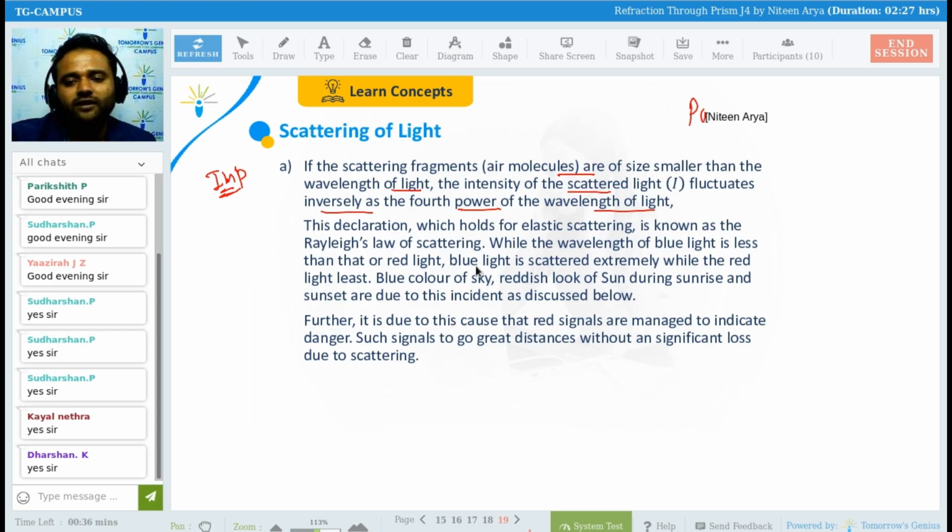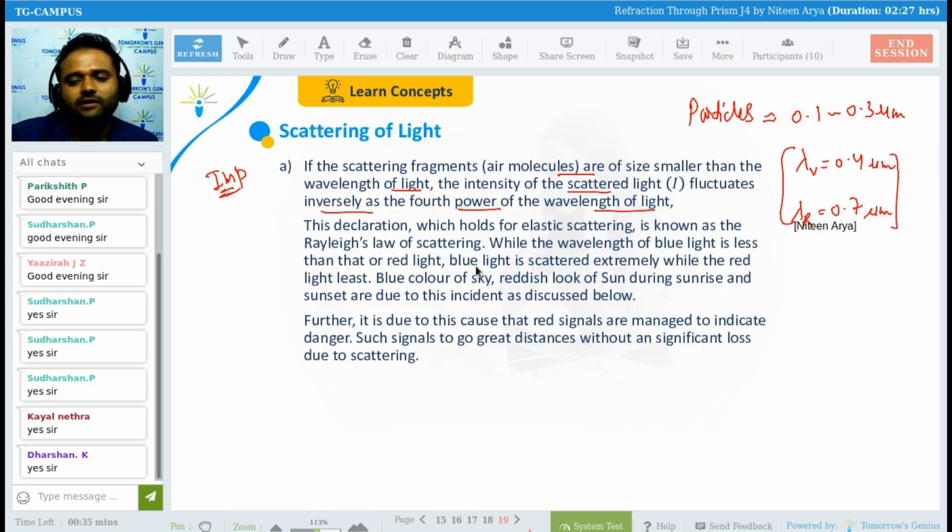It means if the particles are of the order of 0.1 to 0.3 micrometer, because the wavelength of violet is 0.4 micrometer and the wavelength of red is 0.7 micrometer, then the intensity with this Rayleigh scattering formula is going to be I proportional to 1 upon lambda to the power 4.